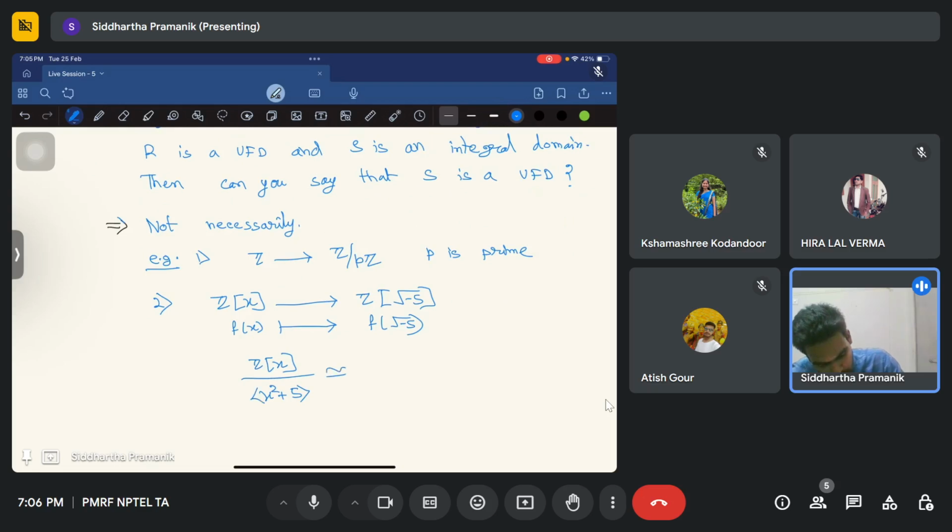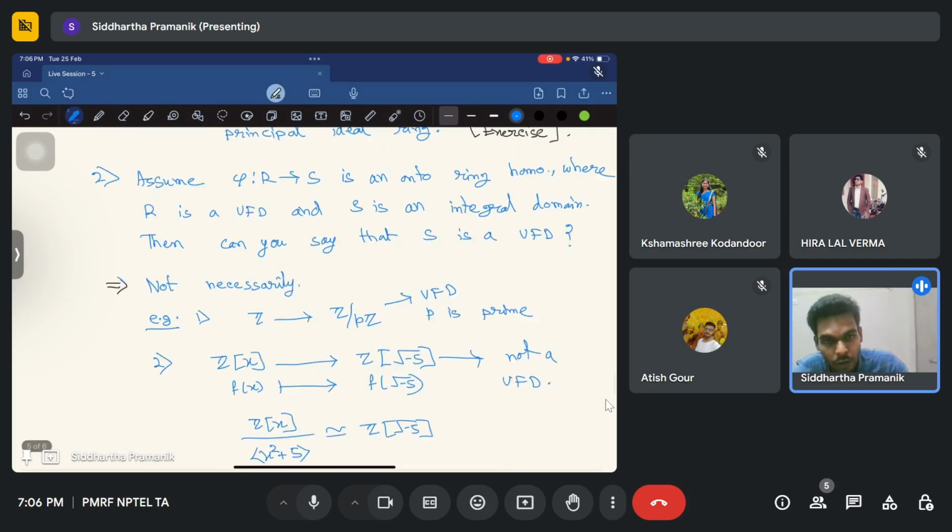So Z[x] is a UFD, but we know that Z[root minus 5] is not a UFD. So this is also not true in general.